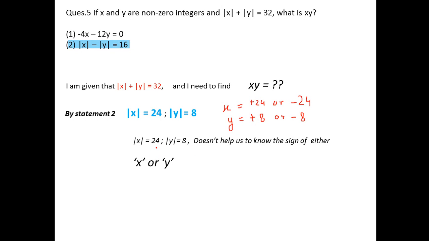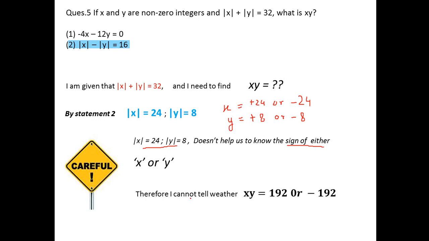So |x| is equal to 24, |y| is equal to 8 does not help us know the sign of either x or y. Therefore, I cannot tell whether xy is equal to plus 192 or minus 192, because x can be 24 and y can be minus 8, which gives me minus 192. And if x is plus 24 and y is plus 8, I'll get 192. So clearly, I cannot tell the value of xy.